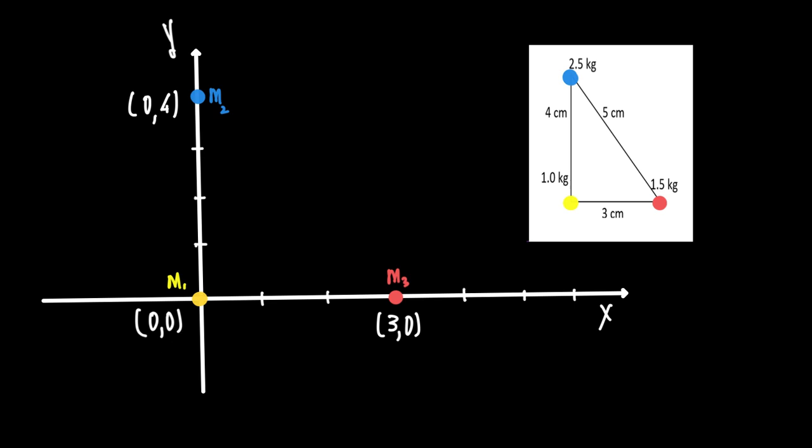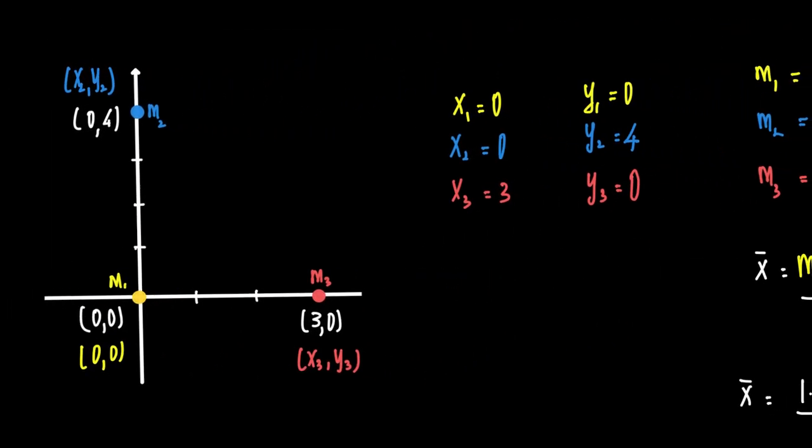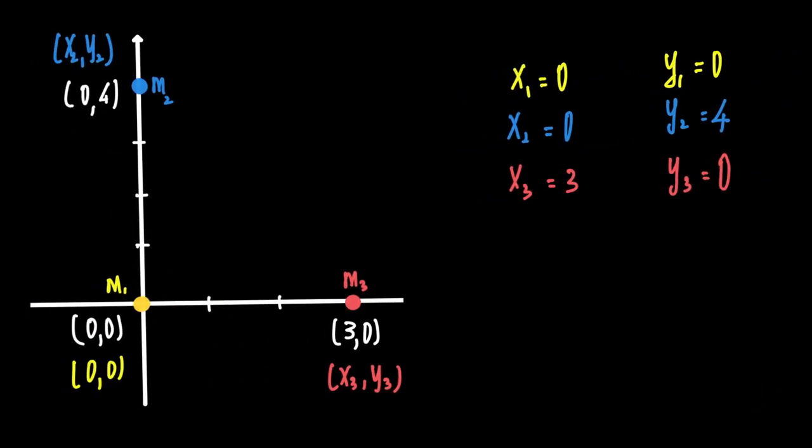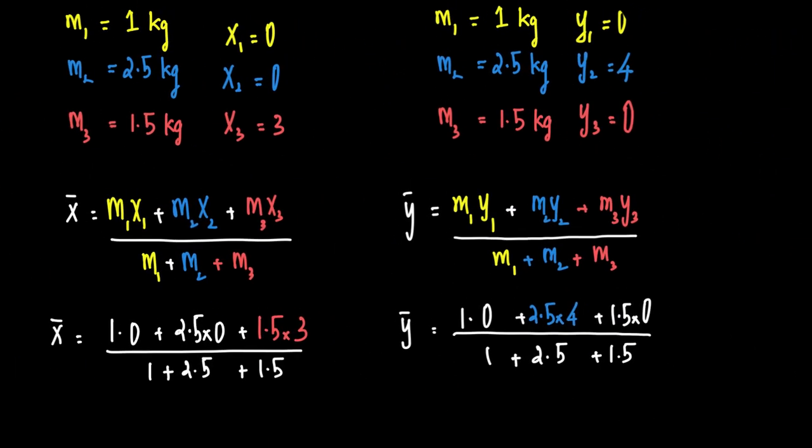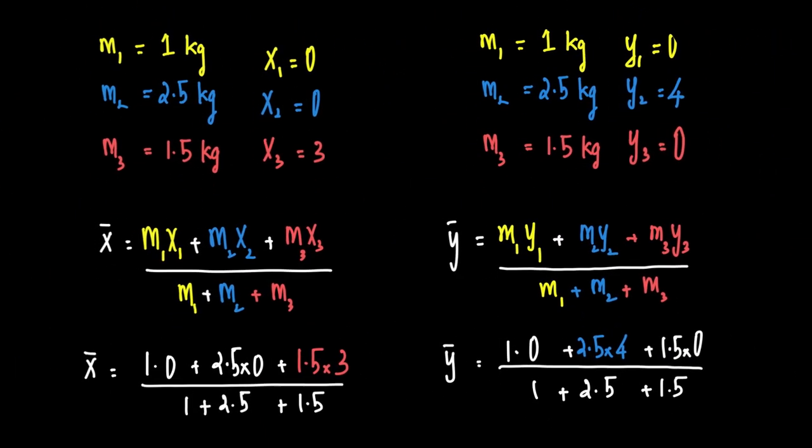Or in other words, we can say that the coordinates of m1, which is x1, y1, is 0, 0. Coordinates of m2, which is x2, y2, is 0, 4. m3, x3, y3, is 3, 0. Now, if we have this information, what can we do therefore?